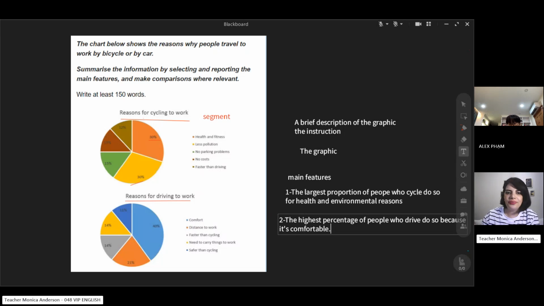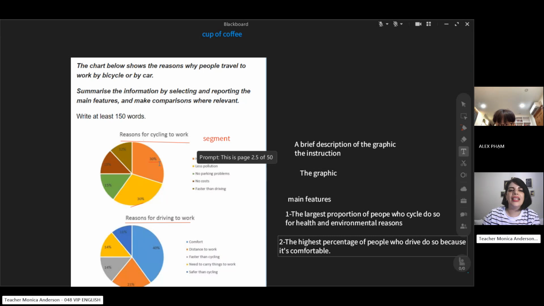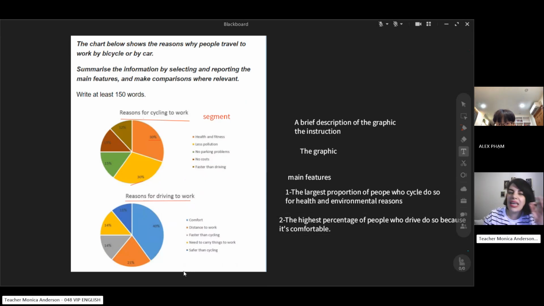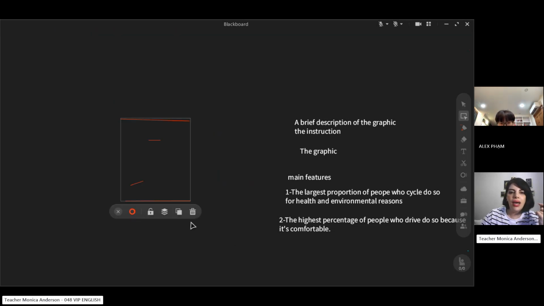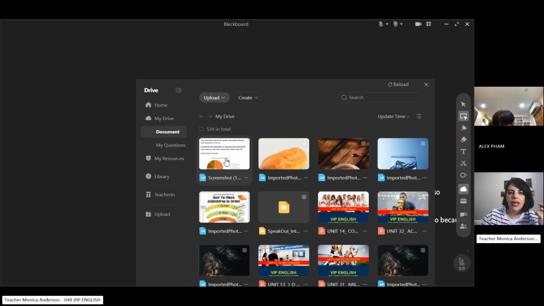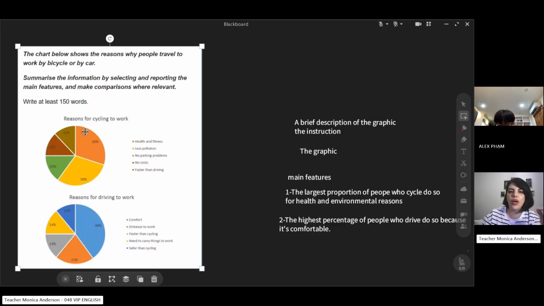Is it clear? Yeah. Well, don't forget, Alex, we have some questions at the beginning. We need to answer these questions in our minds, make some notes, and after that, first pay attention. Let me type them because they're really important, Alex. If you forget about them, it will be a bit difficult to write.